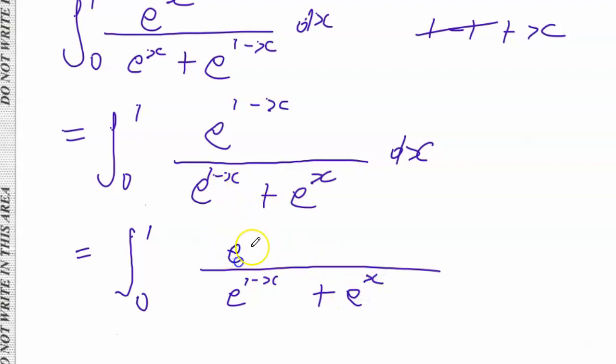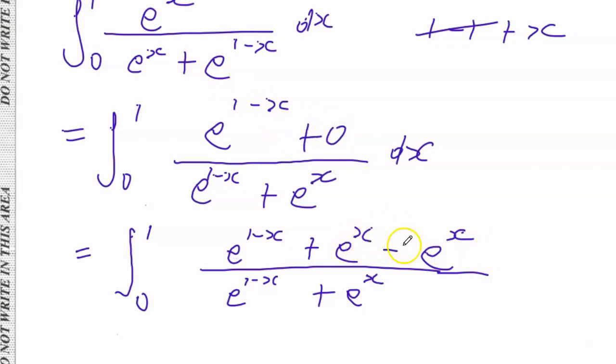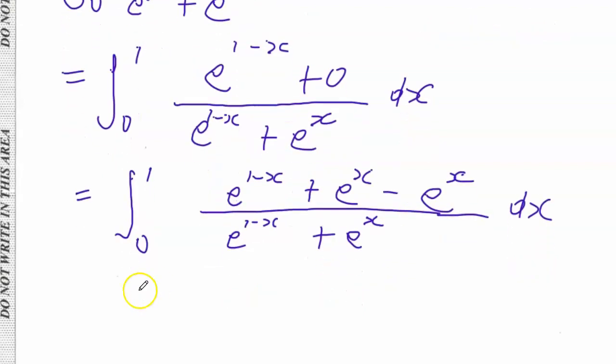So some gymnastics here. Rewrite. Alright. So plus and minus. So it's the same as saying e to the 1 minus x plus 0. But we can conveniently write the 0 as e to the x minus itself. Alright? And of course we can break it up.